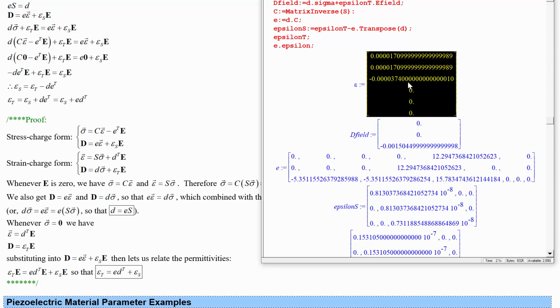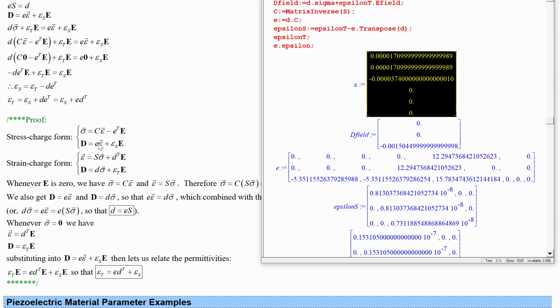Even though the strain is non-zero, the first two rows have totally zero components in the first three columns, meaning that there's no coupling of axial strains to charge displacements in X and Y. The E matrix tells you about how you get electric displacement fields based on strains.